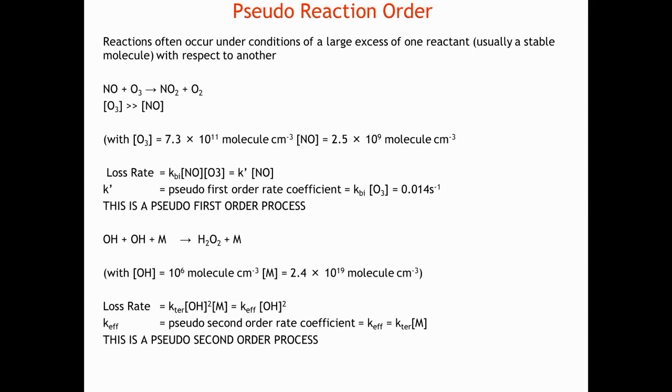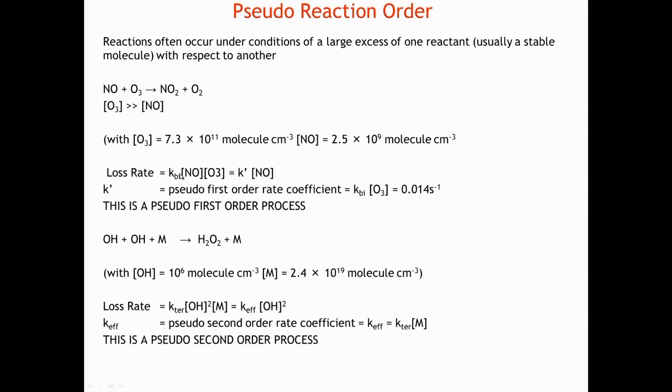So 30 parts per billion of ozone is 7.3 times 10 to the 11, roughly. And the NO at 0.1 part per billion is 2.5 times 10 to the 9.